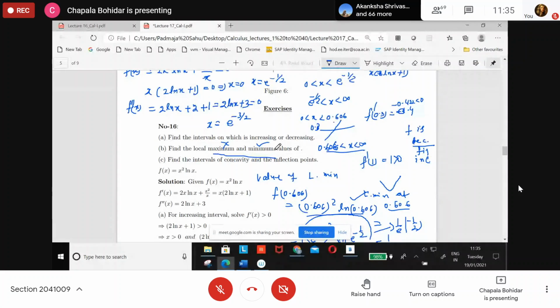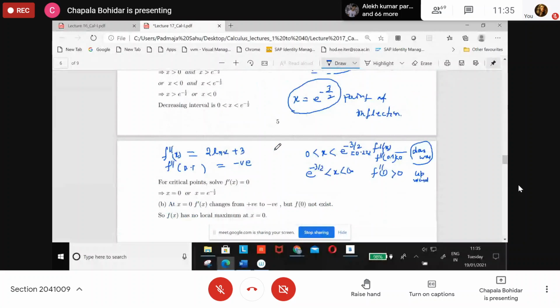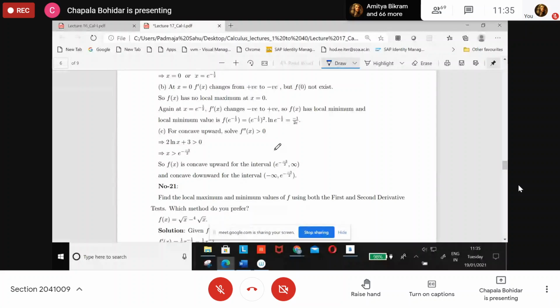Okay, we'll proceed to the next problem. What is that number? I need only the number. 21. Find the local maximum. Write down that question: Find the local maximum and minimum value of f using both the first and second derivative test.